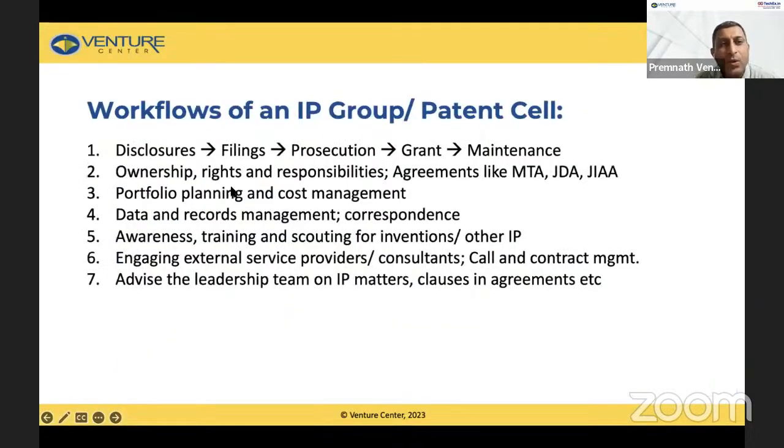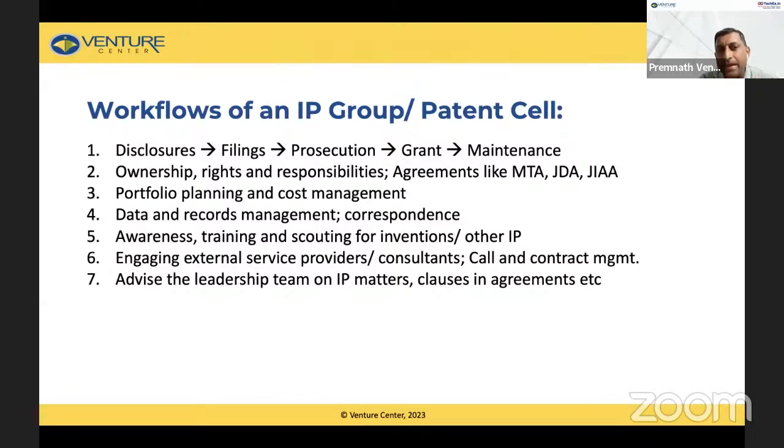The second workflow is ownership, rights, and responsibilities. If you're in this, you're essentially ensuring who owns the IP, right? And who has rights to exploit it, and maybe issues like inventorship and so on and so forth, right? That has to be clear.